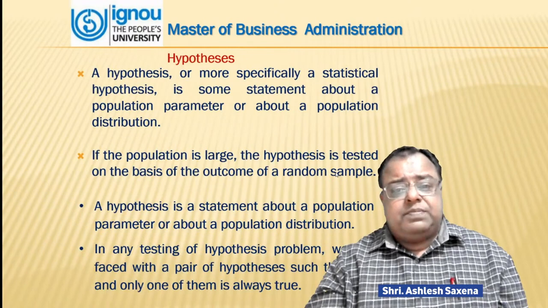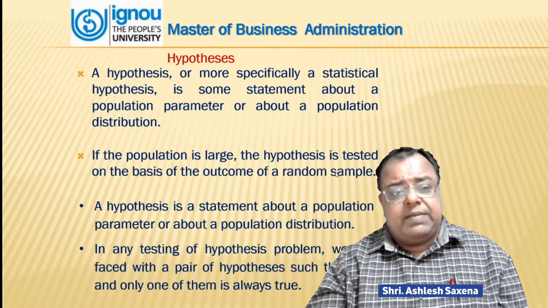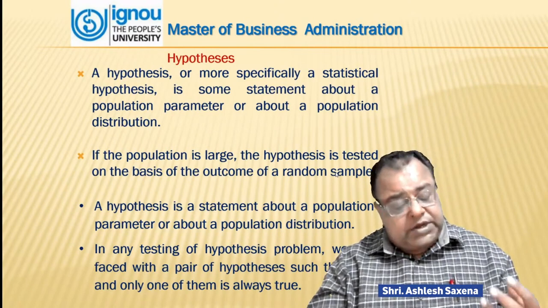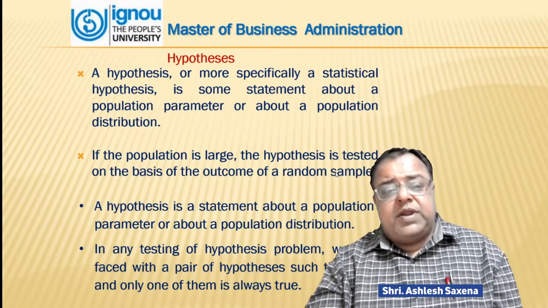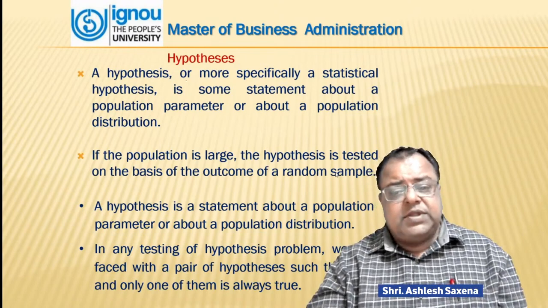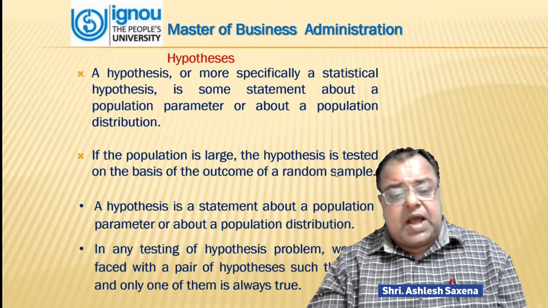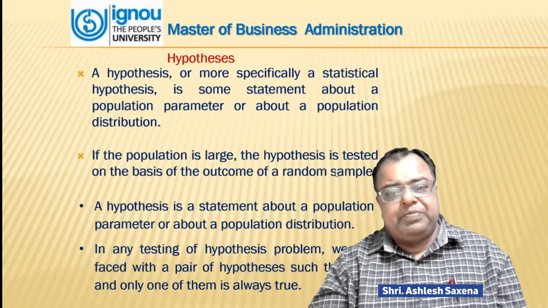A hypothesis, or more specifically a statistical hypothesis, is some statement about a population parameter or about a population distribution. If the population is large, the hypothesis is tested on the basis of the outcome of random sampling.